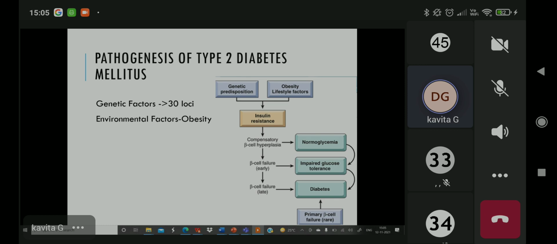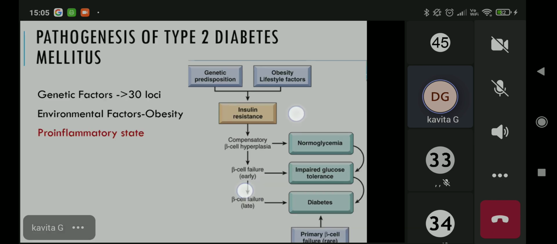And when they're struggling, they try to compensate. They try to make good insulin, but they're still unable to do so. So normally, initially, patient is still normoglycemic when the compensation is happening. But with time, the beta cells fail. With time, you develop IGT or impaired glucose tolerance, and then subsequently, the patient develops diabetes, frank diabetes. Okay, so this is how it progresses.